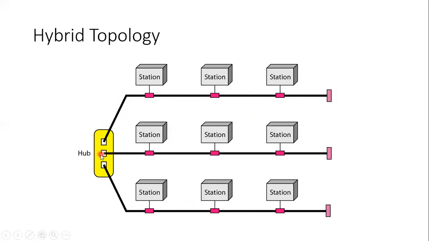Here is one hub, one root, connected with various stations like that. The advantages and disadvantages are similar to those of the star and bus. So this is called the hybrid topology. Like that we can use the hub along with the mesh, or the hub along with the ring, etc.